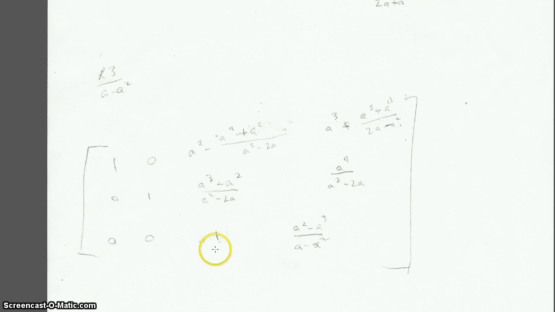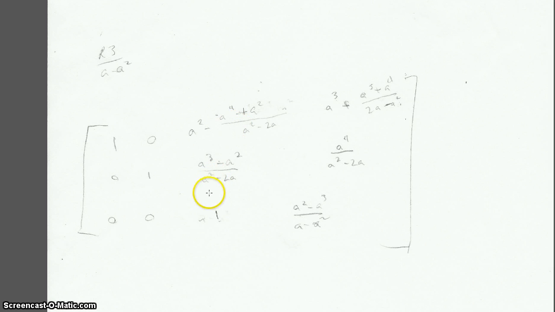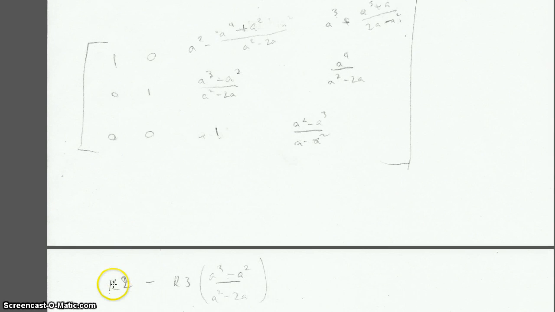But now I'm pivoting off of this. I got the 1. I need this to be 0, and I need this to be 0. So to do that, I need to multiply by a linear combination of this third row. So the next one is r2 minus row 3 times this stuff, which is the stuff right here. And I'm basically subtracting this minus itself is going to be 0, and then I have to do it right here too.